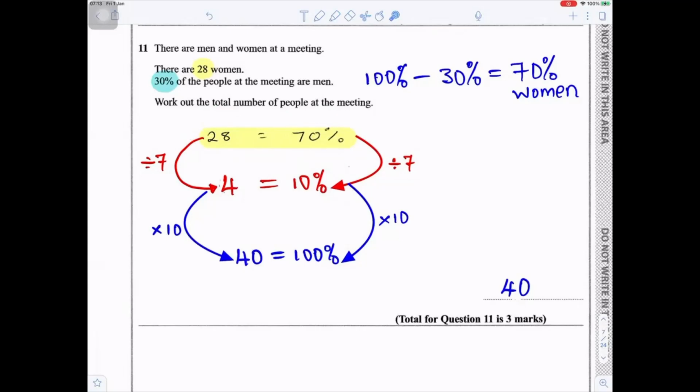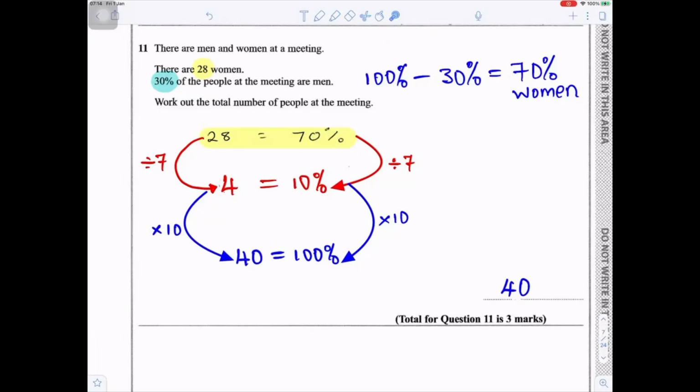28 women represent 70%. So we can find 10%. If we divide the right-hand side by 7, that gives us 10% of women, and we divide the left side by 7. 28 divided by 7 is 4. So that means 4 women represents 10%.